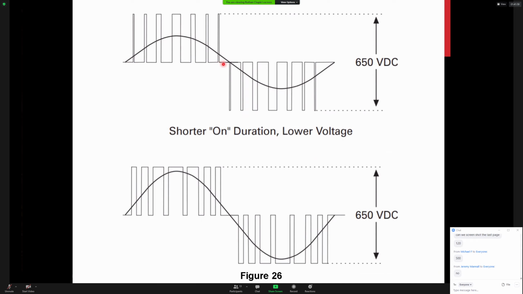So we can simulate one alternation. On the next alternation, instead of switching the positive 650 volts, it switches the negative 650 volts, and we get a negative alternation.